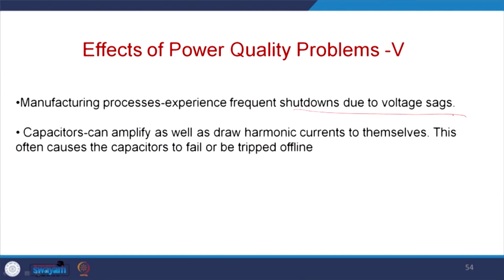I have recently experienced this problem in a sugarcane mill in Uttarakhand. They had a problem of frequent shutdown and came to us for solutions. I have seen there how their production has been hampered. Capacitors can amplify as well as draw harmonic current into themselves. This often causes the capacitor to fail or to be tripped offline.